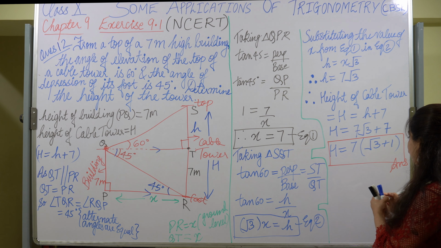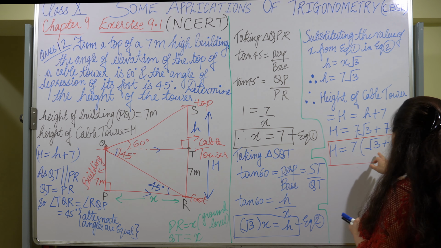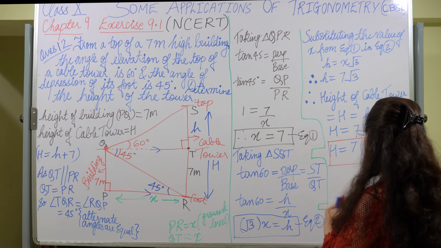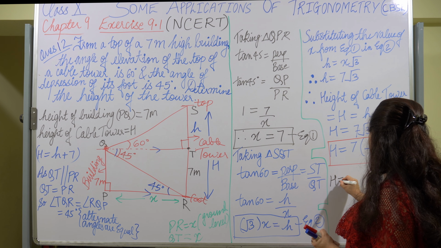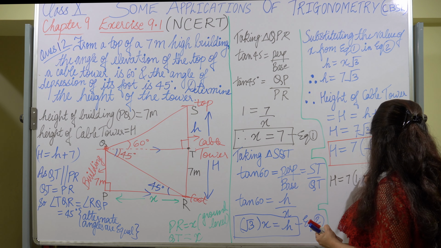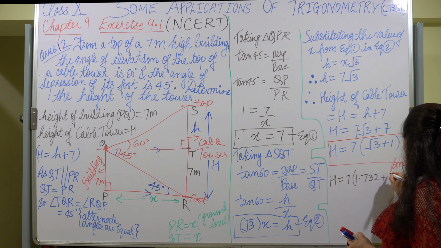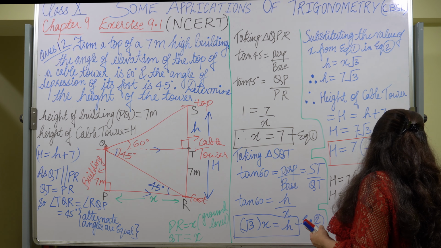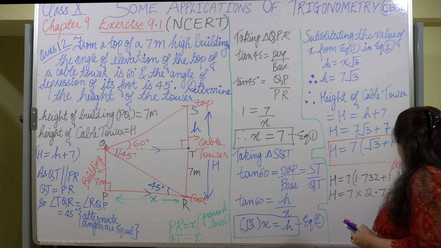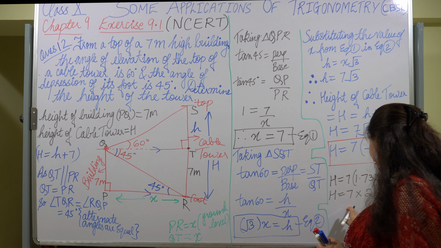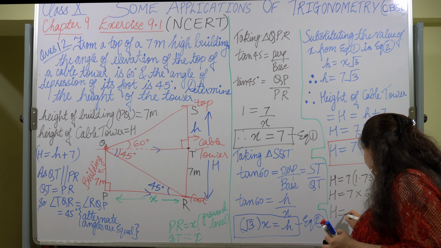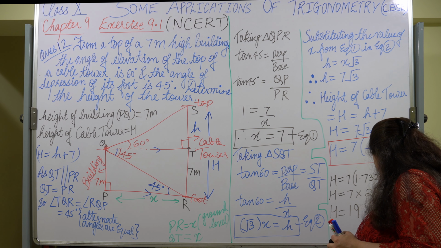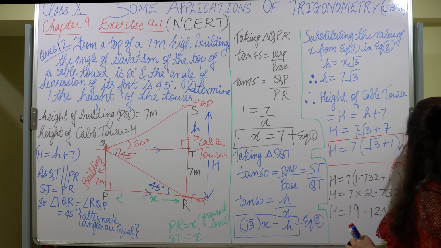If we want to find out numerically, we can put the value of under root 3, which is 1.732. So H will be equal to 7 into 1.732 plus 1. So it will become 7 into 2.732, and when multiplied by 7, my height will come to be 19.124 meters.